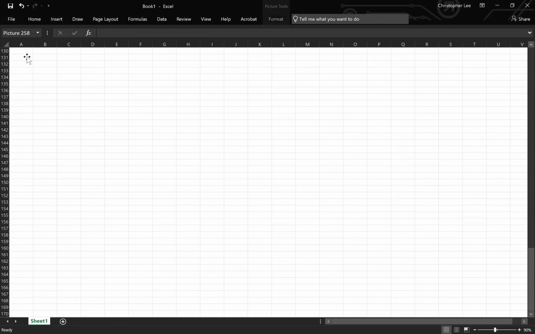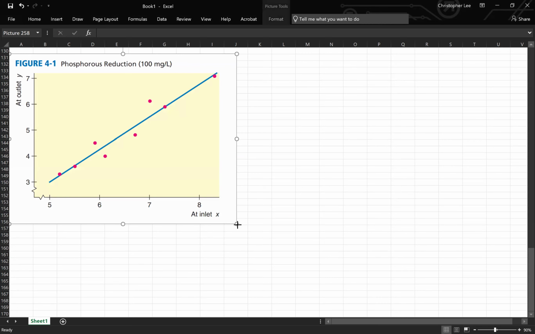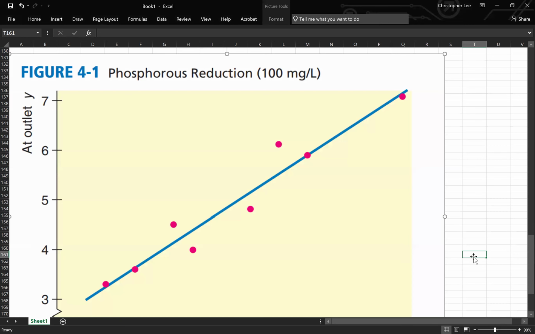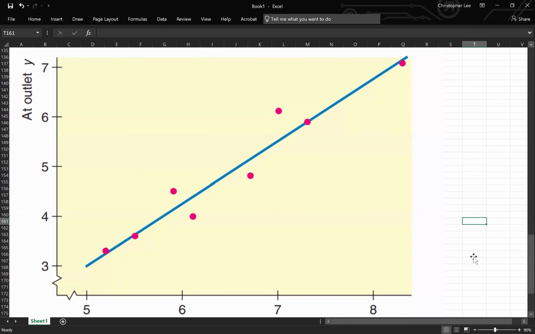So real quick. Y'all know my drawing's not that pretty. This is what it was supposed to look like if I was a computer. It's supposed to look something like this, but as long as you get the idea, that's all that matters. Negative, how would it look? It would be going down, the other way.